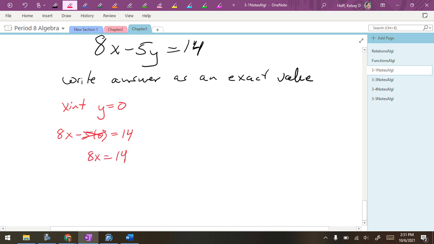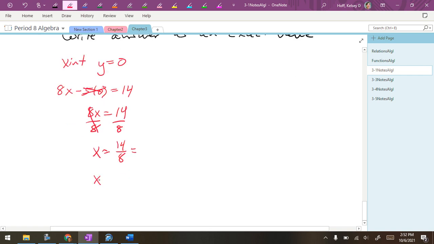Then I divide by 8, and all of you grab your calculators, and you type 14 divided by 8, and you get, but I don't want a decimal. Very good. 14 over 8, it will count it wrong because it's not simplified, is really 7/4. So you would tell me my x-intercept is at 7/4. No, mixed numbers are useless to us. You will never write an answer as a mixed number.